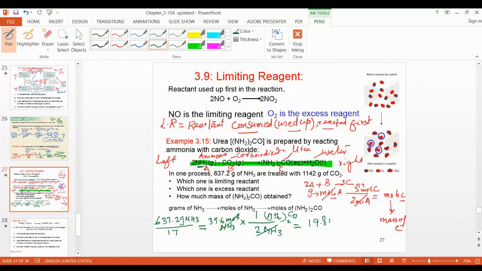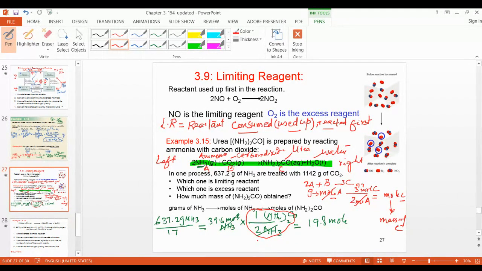Doctor, why do you divide by 2? Sir, look carefully at what I have written here. This ratio, where did you get it from? Four times I explained this in this chapter. You get it from the equation, and this ratio is very important.